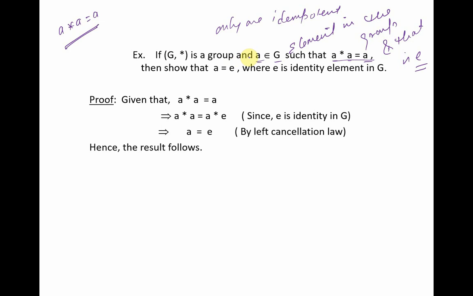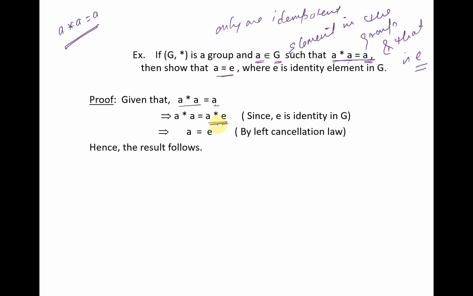So we say that if A is an element of G and A is idempotent, that means A star A is equal to A, then we will try to show that A is equal to E, where E is the identity element. Given that A star A is equal to A, on the right hand side, as I know E is the identity element, if I write A as A star E, it is not going to make any difference.